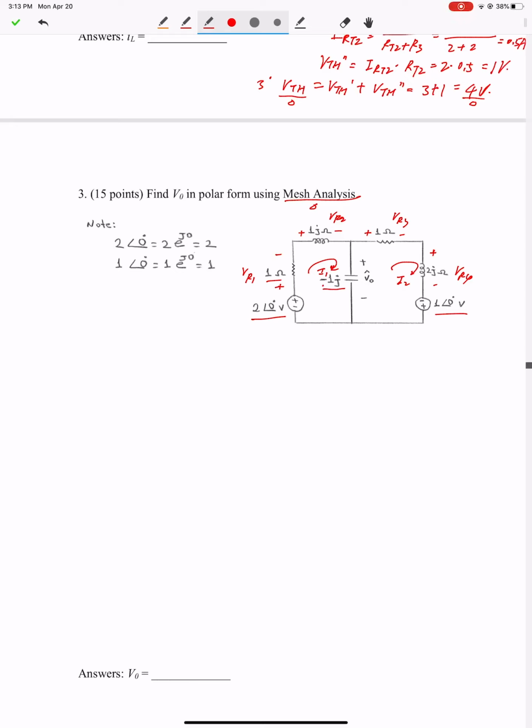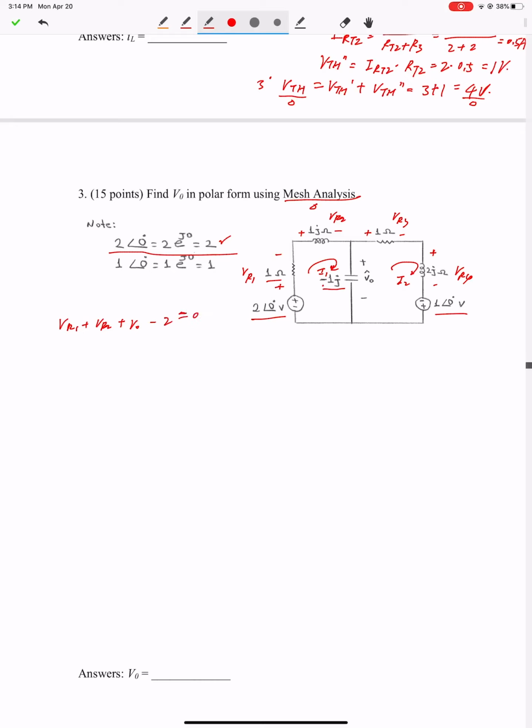Okay, and then we can write the KVL equations. For the first mesh, that should be VR1 plus VR2 plus V naught minus 2 volts, because 2∠0° volts is equivalent to 2, right, as the note here. So that equals 0.